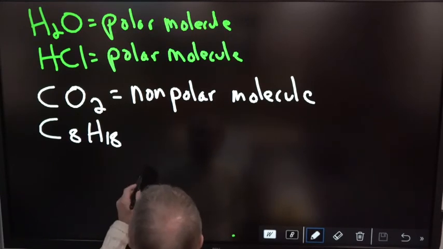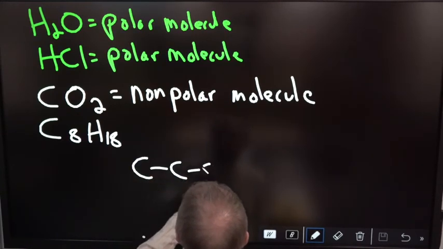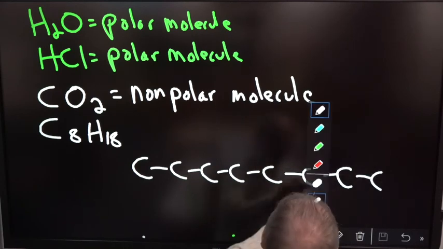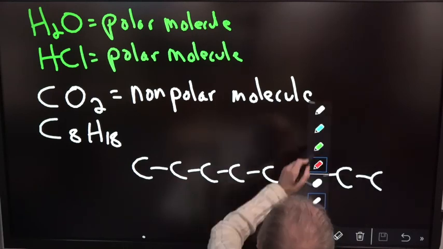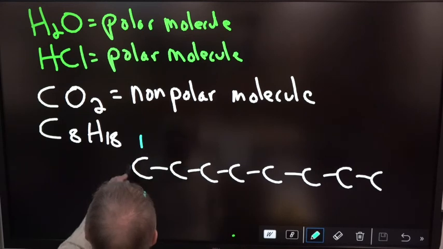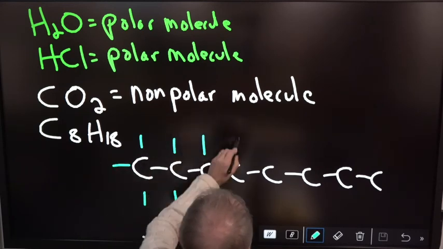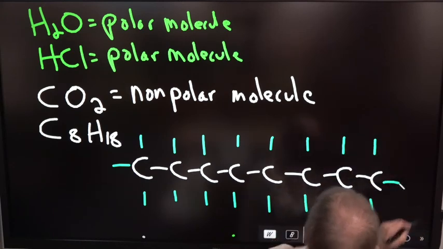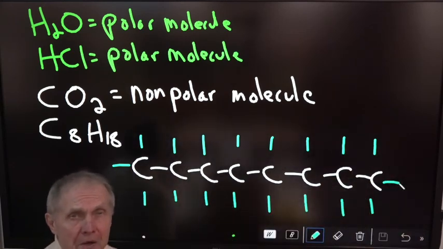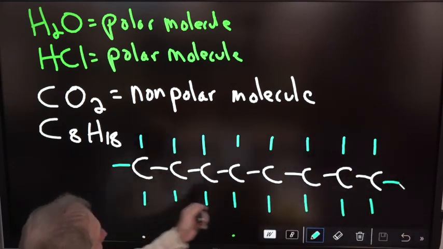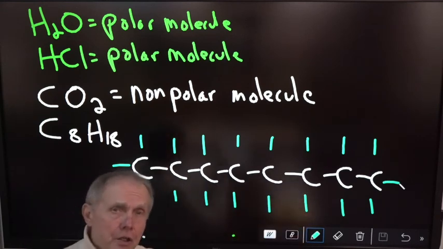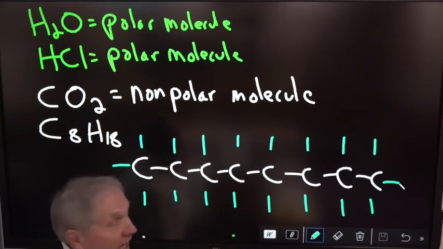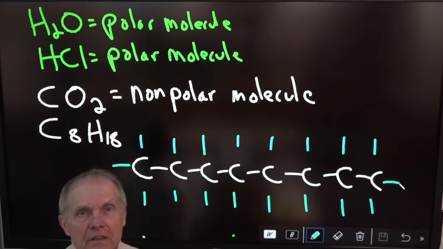So, watch. 1, 2, 3, 4, 5, 6, 7, 8. And then these are the hydrogens that I'm not going to put in. Remember, carbon has to have 4 bonds around it at all times. This is C8H18. You all know what it is. It's octane. Octane is gasoline.